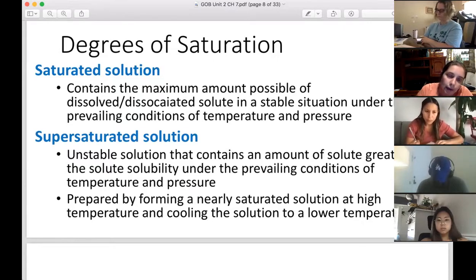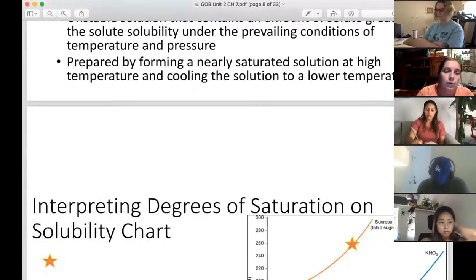The solute will stay in solution, but even the slightest disturbance could cause it to precipitate out, or fall out of solution. This could be something as simple as flicking the beaker or scratching the inside of the beaker. That could be enough disturbance to have it precipitate out.